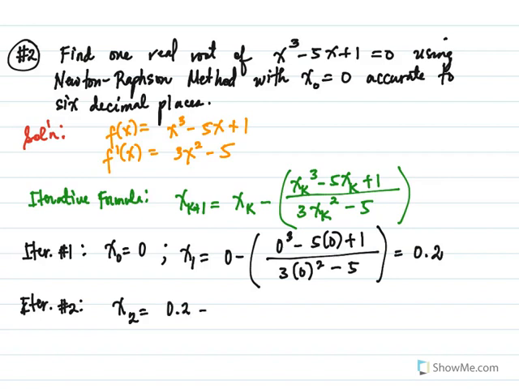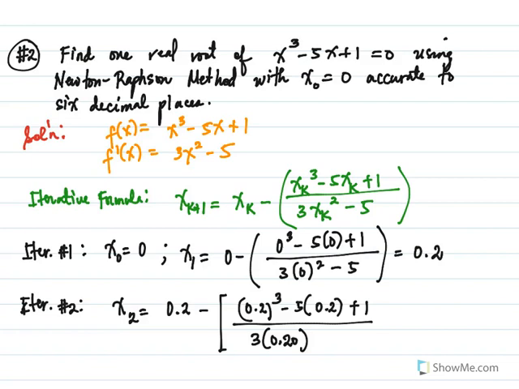So that's 0.2 minus 0.2 cubed minus 5 times 0.2 plus 1 divided by 3 times 0.2 squared minus 5.